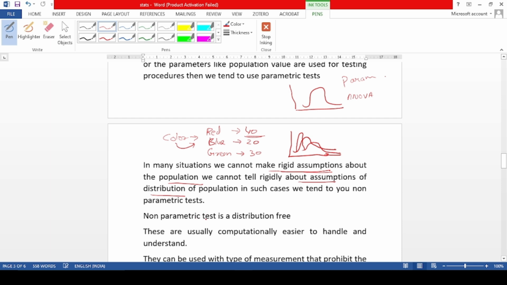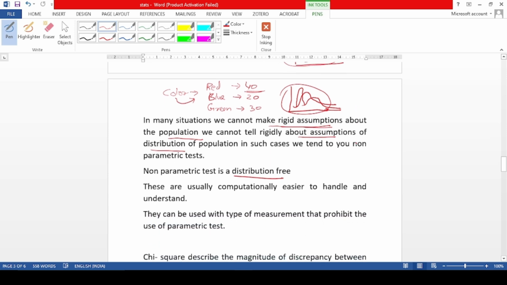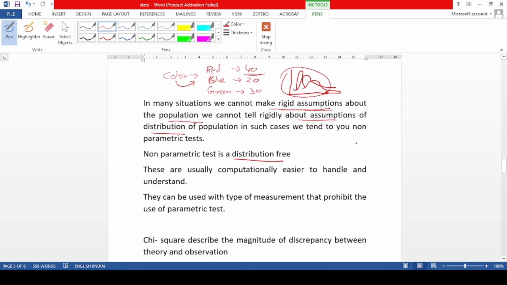Going to the next point, non-parametric tests are distribution free. As I already told you, parametric tests follow a distribution pattern, whereas non-parametric tests are distribution free. They can follow any distribution depending on the data. These are usually computationally easier to handle and understand.